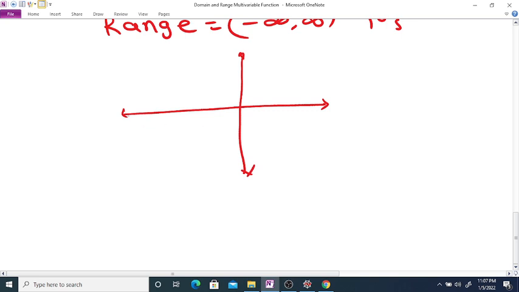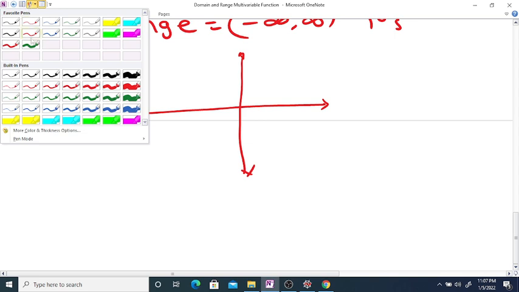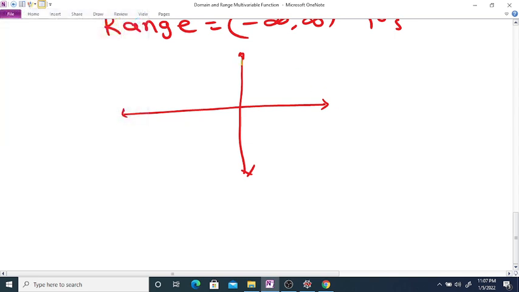You just skip the x and y axes. Here, this is the domain, that is, you have to skip all the points on the x and y axes, then the rest is the domain.